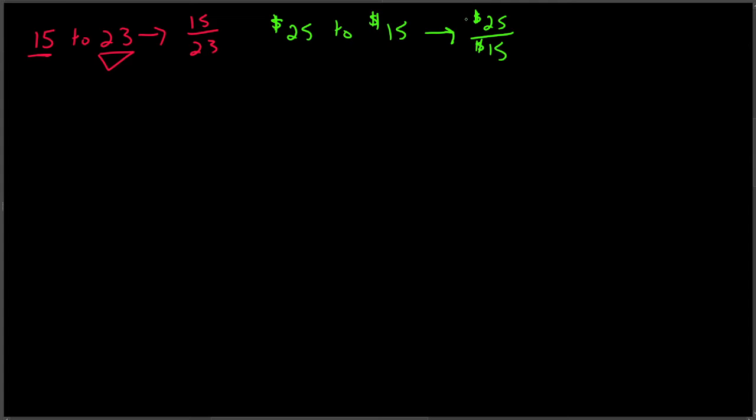And the thing we're going to find is this unit can be treated like a variable, and so they'll cancel each other, or they'll turn into a 1. And then notice that 25 is 5 times 5, and 15 is 3 times 5. So those also turn into 1. And we get that the ratio of $25 to $15 is 5 to 3.